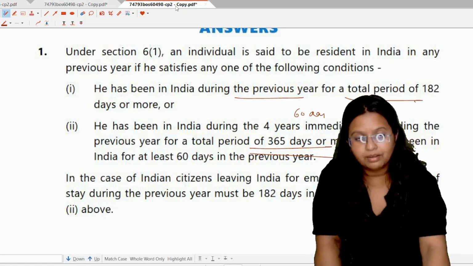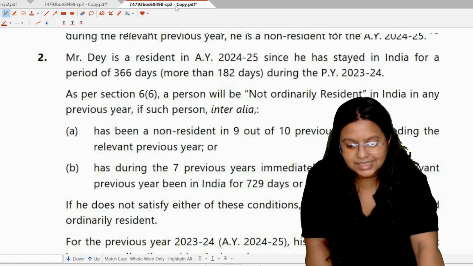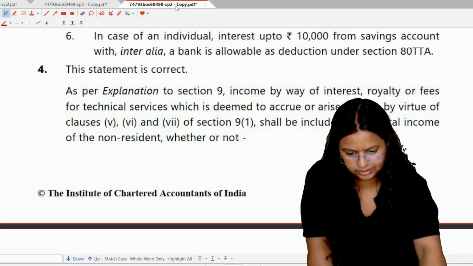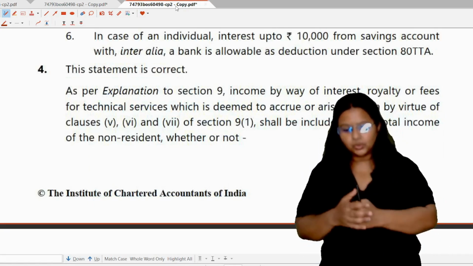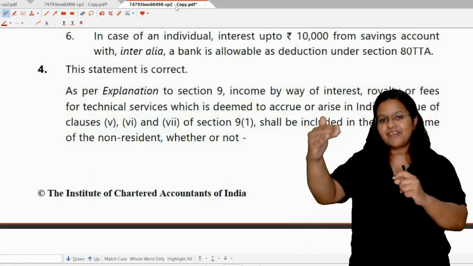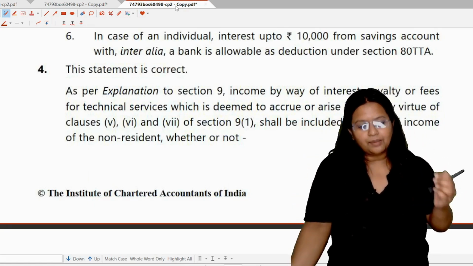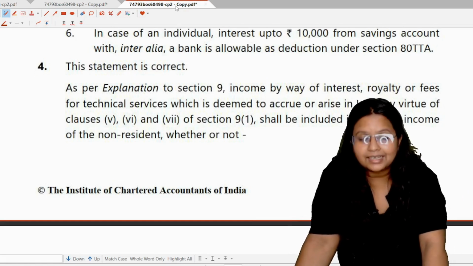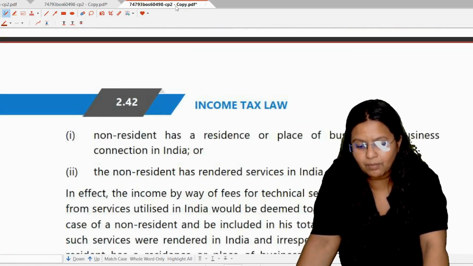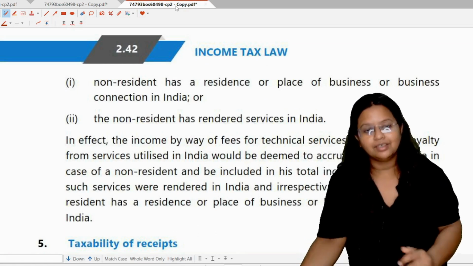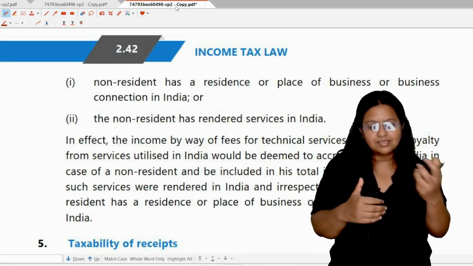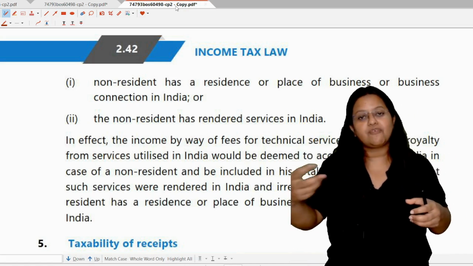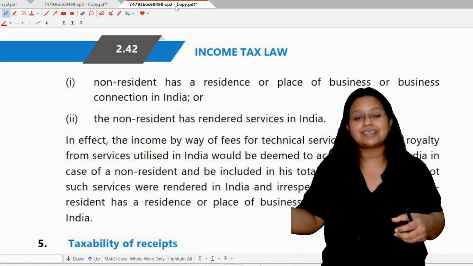Now, students, remember, we have covered section 9 in our classes. In section 9, subsection 1, clauses 5, 6, 7, I told you about interest, royalty, and fee for technical services, and we have covered that it will be included in the total income of a person, irrespective of whether that person has any kind of place of residence in India, or any kind of place of business in India, or any kind of business connection in India.